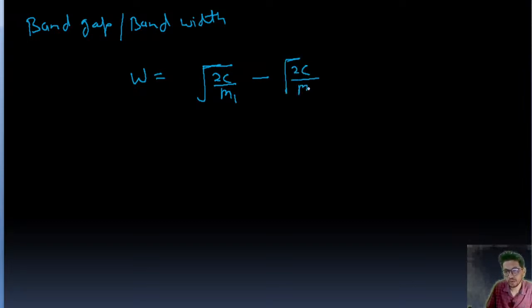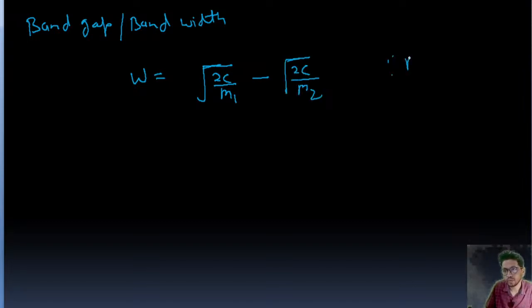The band gap or bandwidth is denoted by W, that is W equal to root 2C upon m1 minus root 2C upon m2, right?